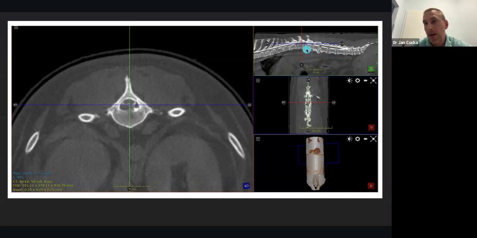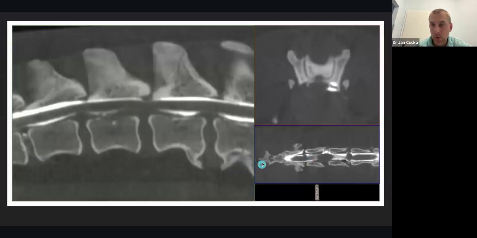TH13 L1, there was ventral and right-sided disc extrusion, and it was treated by surgical way. So we perform hemilaminectomy and remove the disc material from the channel. Once more, the detail.